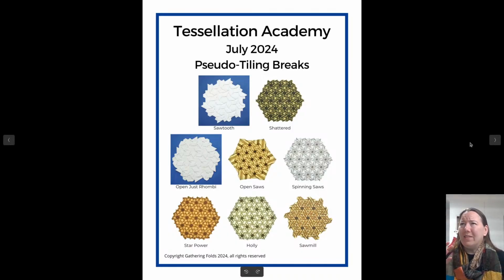So that's a super useful technique that I actually figured out while I was teaching tessellations by tiles a couple years back. That's really accelerated the kinds of things that I'm able to fold.